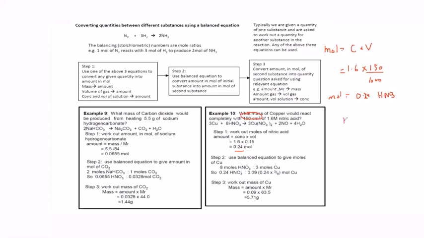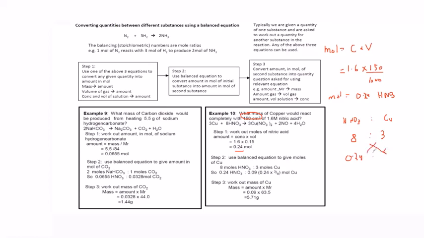What is the simplest ratio of the moles for nitric acid and copper? 8:3. So if it's 0.24, then this will be X.